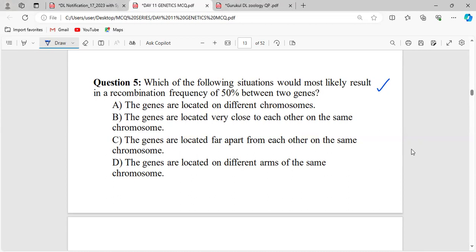For that, just give it a try. Here you have to see that crossing over has happened. And when will crossing over happen? Crossing over will happen between two different chromosomes.